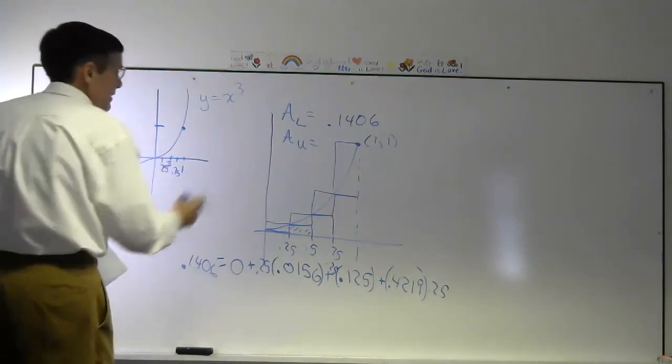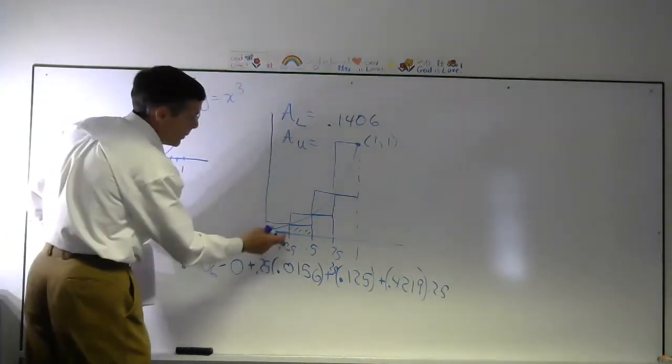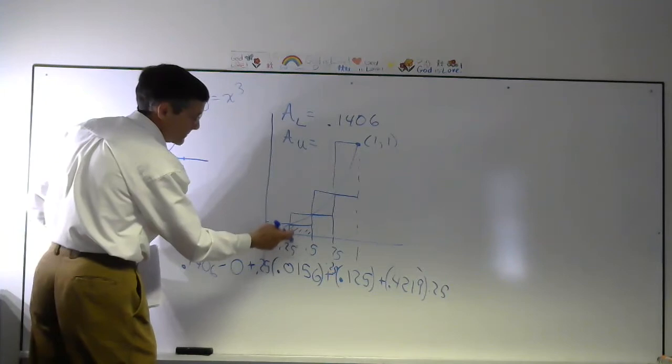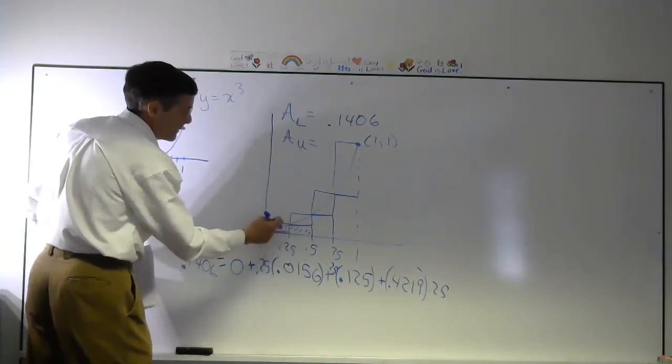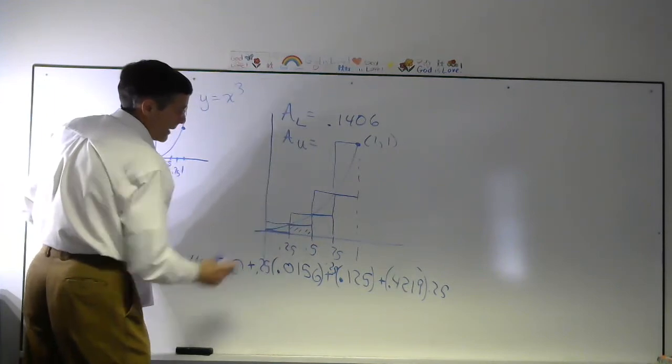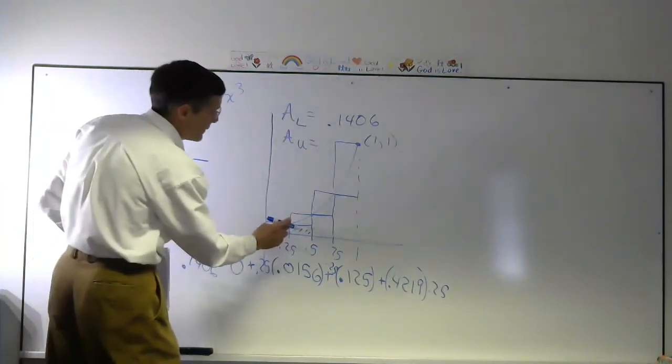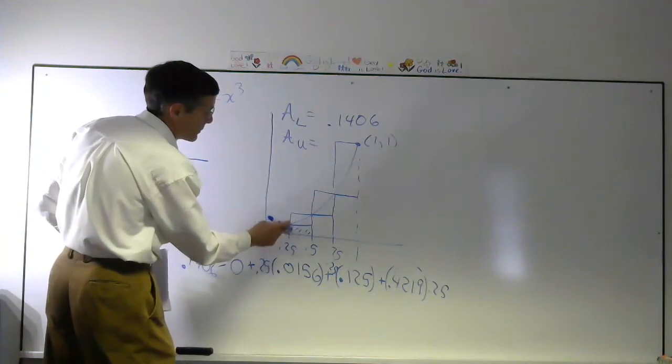But what exactly is that? Well, once again, 0.25 here has the height of this particular rectangle. And when we took 0.25 initially to get this rectangle, that's going to be the height of that one.